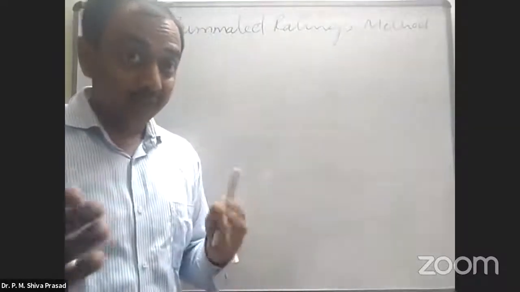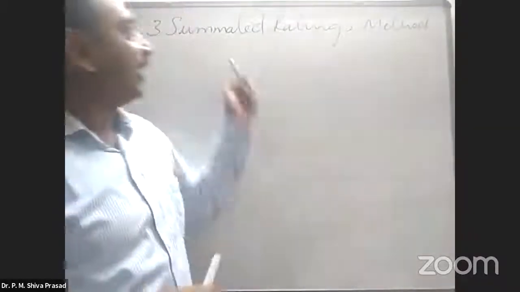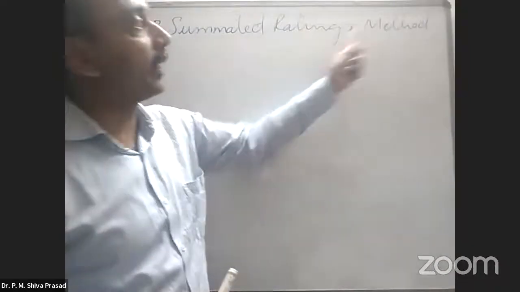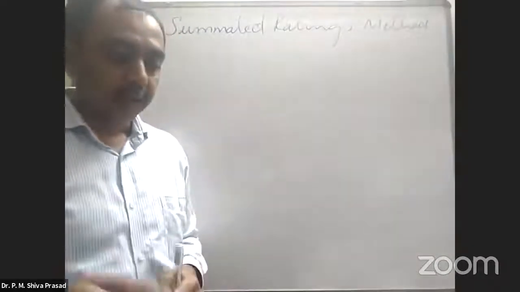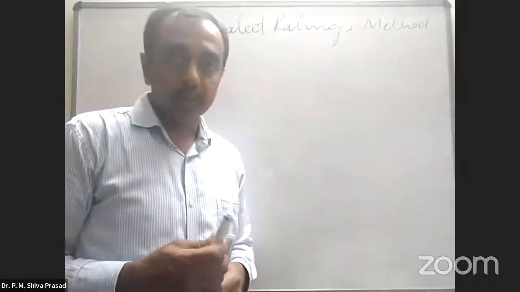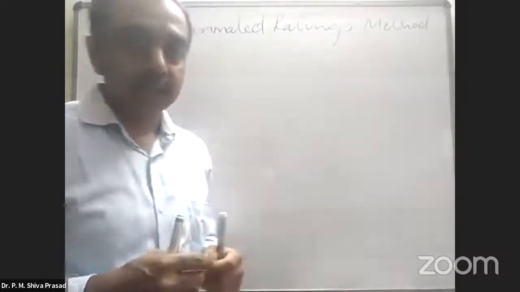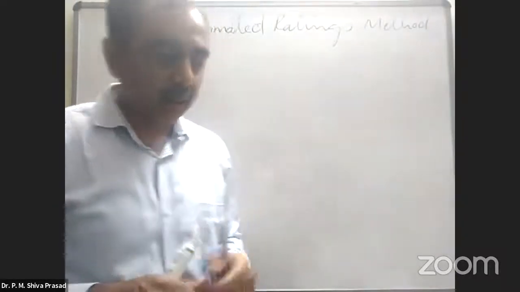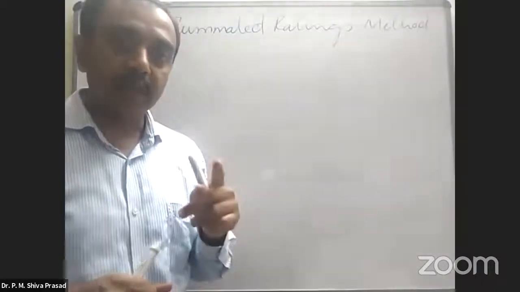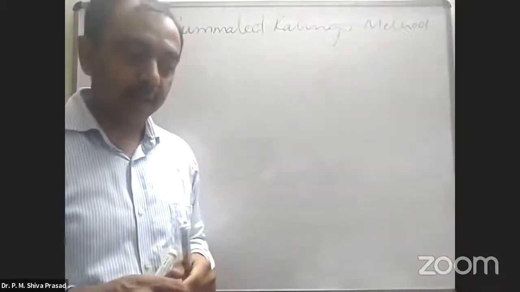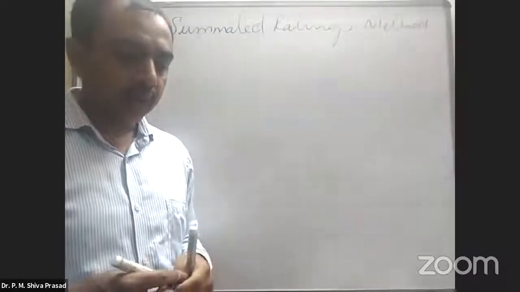You would have now understood a Likert scale. It's actually called a summated ratings method. There are 2 scales proposed by statistician Rensis Likert. One is 5-point Likert scale and the other one is 7-point Likert scale. How are we going to use this?